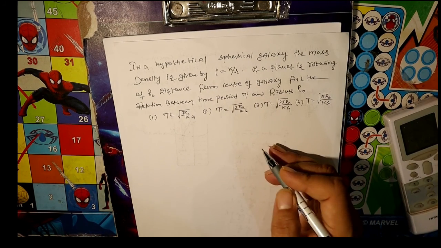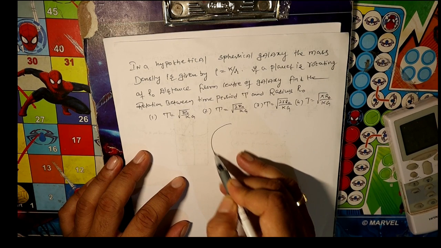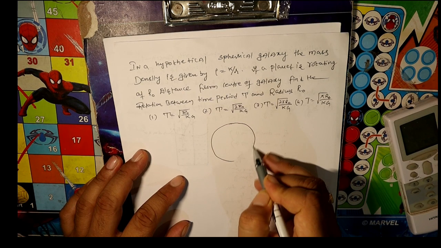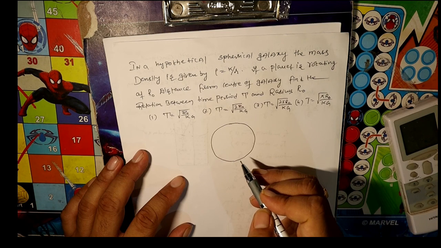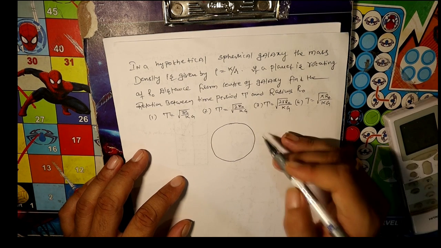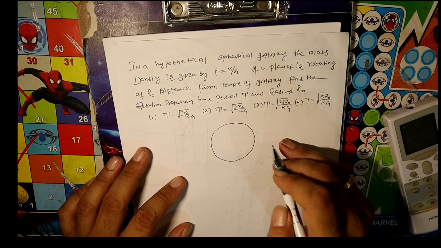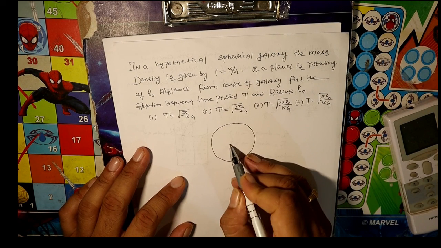So this is a spherical galaxy. Now this galaxy is treated as a solid sphere. From the center of the galaxy, at a distance r0, a planet is rotating.